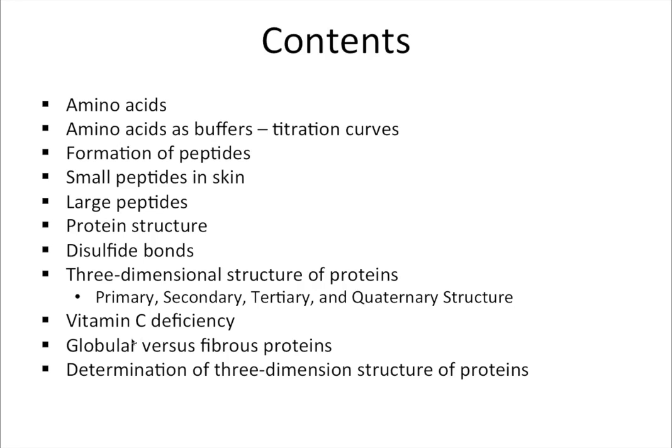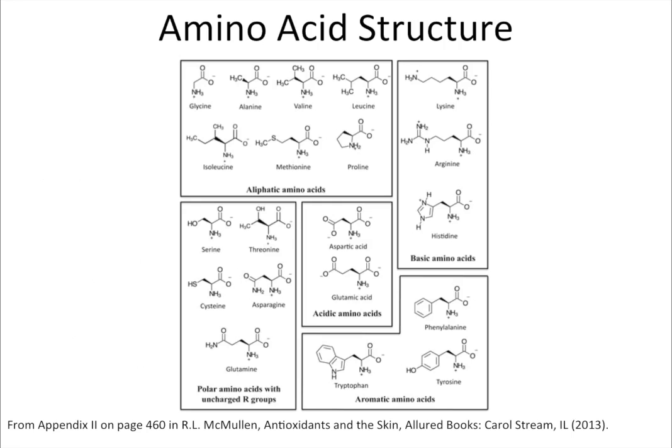So we'll talk about what happens when you have vitamin C deficiency. Then we'll just compare and contrast globular and fibrous proteins, and then briefly mention some things about the determination of three-dimensional structure of proteins. So first, we'll start off with amino acid structure and just, what are amino acids?